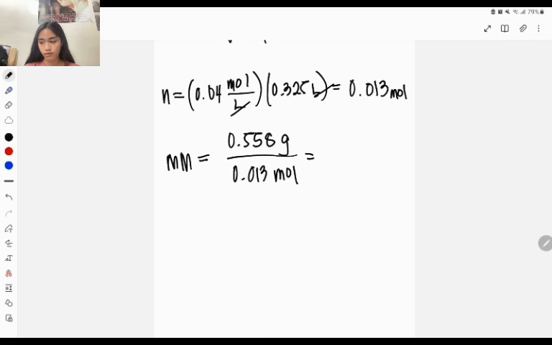It becomes 42.92 grams per mole. Therefore, the molar mass of the compound X is 42.92 grams per mole.